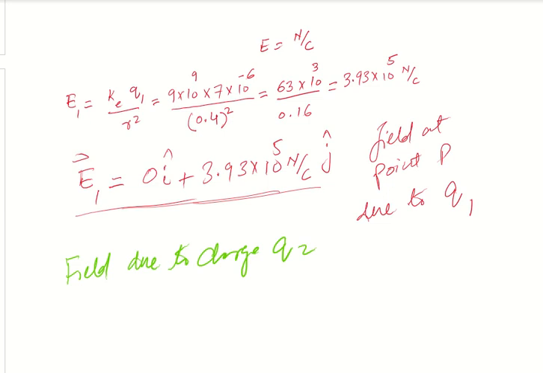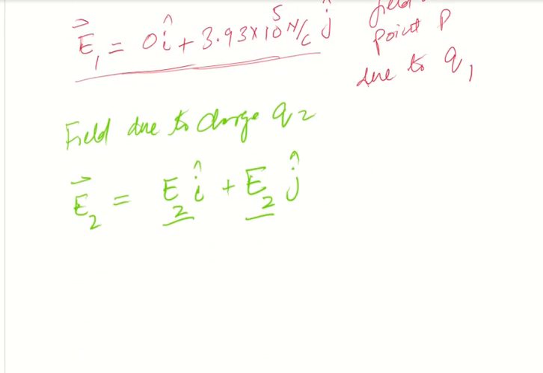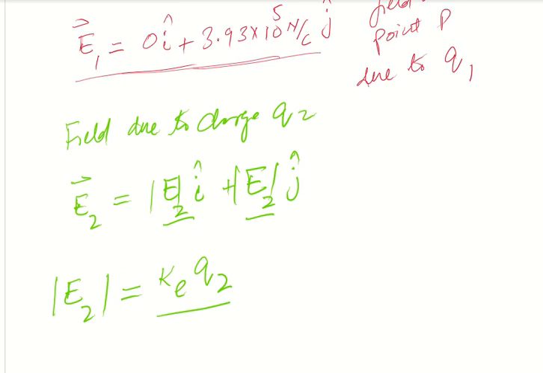So the E2 vector would be E2x times the x unit vector plus E2y times the j unit vector. These are the unit vectors along with the magnitude, and we first determine the magnitude E2. For the magnitude we use the field formula. I put mods so that you are not confused. So E2 in mod shape is Ke times Q2 divided by R squared.